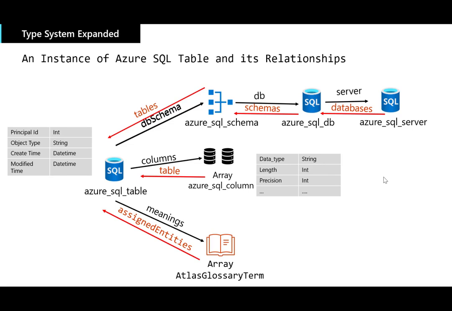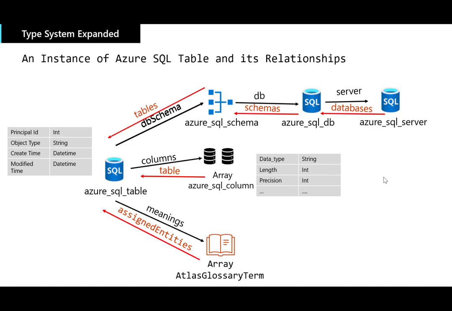Let's go to the top, right? So an Azure SQL Table will also have a DB schema relationship attribute, and it's going to point to an Azure SQL schema entity out there. And then the reverse, that schema has a set of tables that it relates to. So you can follow this graph, and it really is like a graph database almost, and shows the relationships between these entities. A key thing to note here is that some of these relationship attributes are required.